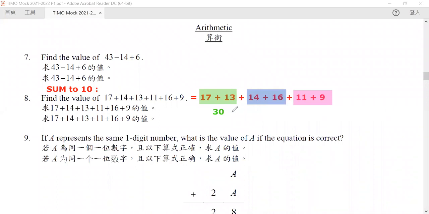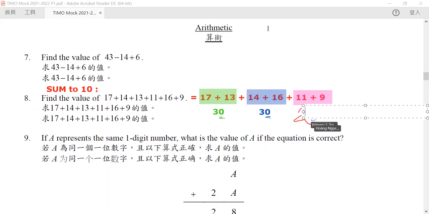Now, plus 16 equals 30. Now again, you can see that if we sum them up, you will find that the answer is the same. The answer will have a 0 as its unit digit.